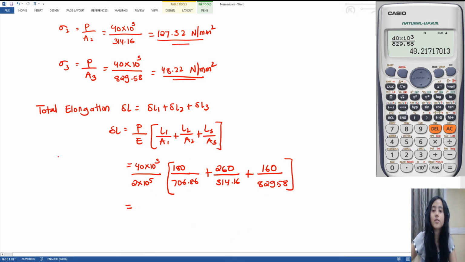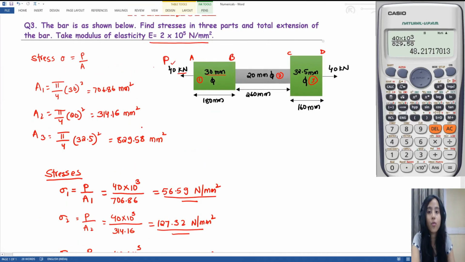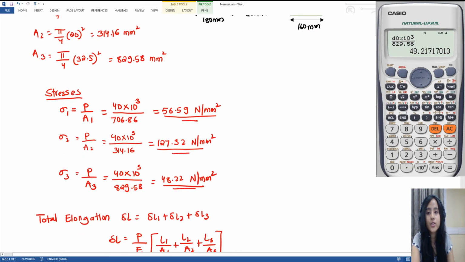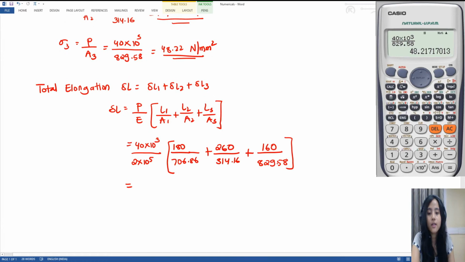We should get a positive answer from here, because we know that this whole section is undergoing tension. That means there will be an increase in length of the section. So all this value should give us a positive answer.